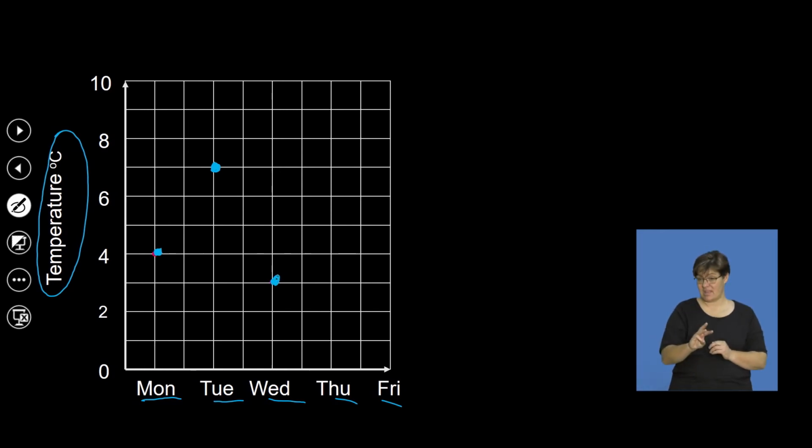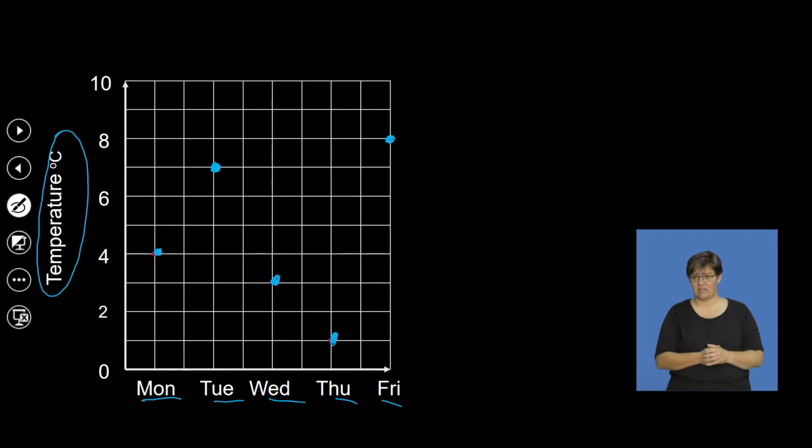And Thursday, we have 1 degree. And Friday, do we have anything? For Friday, it's 8, which is the highest. Okay. Then from there, what we do to draw a line graph is just to connect the points with a line or a ruler. This is what we get.